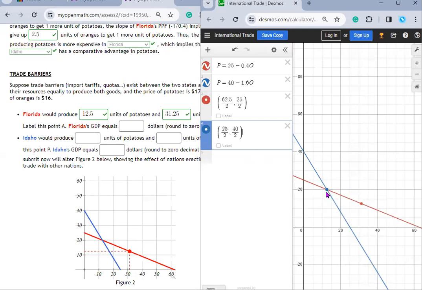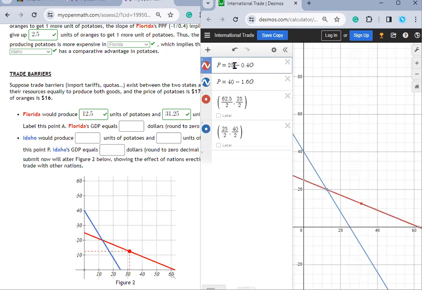Now, this point looks like it corresponds to the intersection of the Florida line and the Idaho line. In reality, this point being at the point of intersection is just pure coincidence.